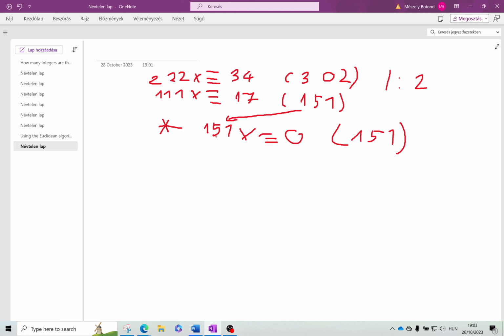This is always true because yes, any number times 151 will be divisible by 151. And let's call it b, is this one. So 111 times x congruent 17 modulo 151. So the second one will always be the one that you calculated. The first one is something that you write down as always true.